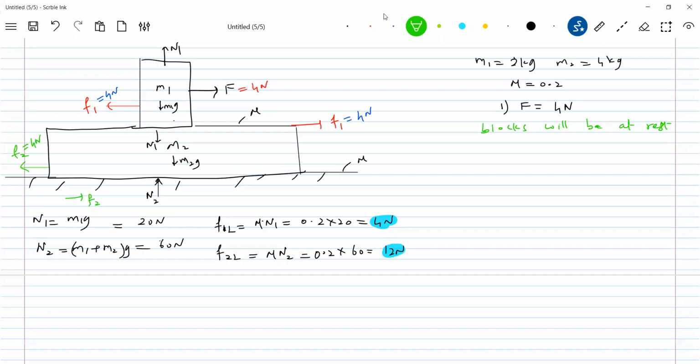Before going for whether the motion occurs or not, we have to check it. See, this F1 will become internal when the blocks M1, M2 move together, because only then the friction acting will be equal to limiting friction. Then how much is it? It's 12 Newton. So this 4 Newton cannot shift the blocks M1, M2, no?